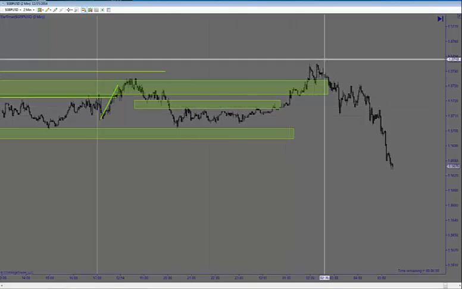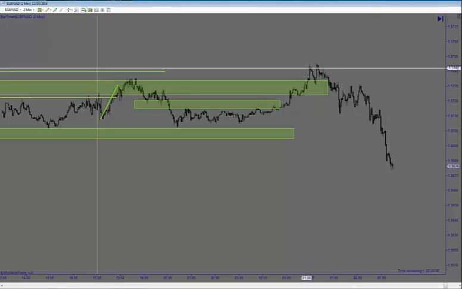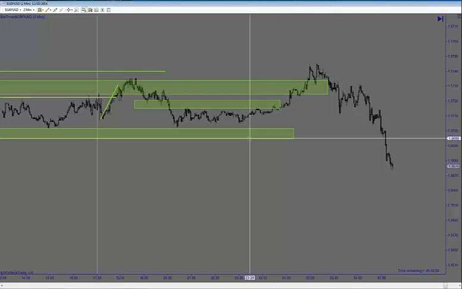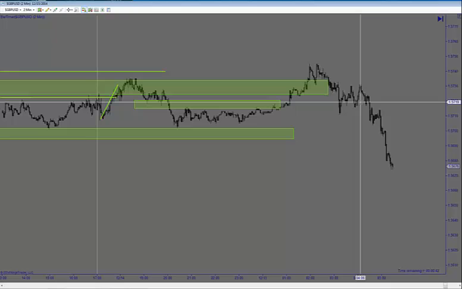Okay, and although we had little clues that price could still head higher, our expectation was for price to be able to push lower, for price to be able to break structure to the downside. So do you see how powerful structure analysis is, and how this helps you stay on the right side of the market's intended directional movement?